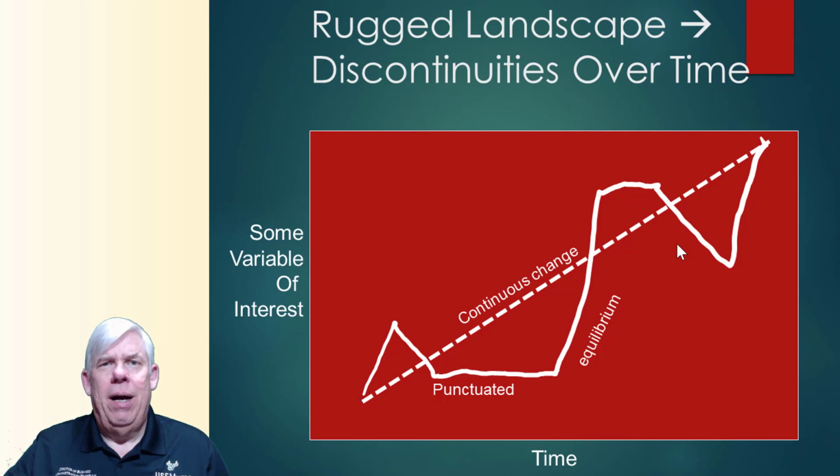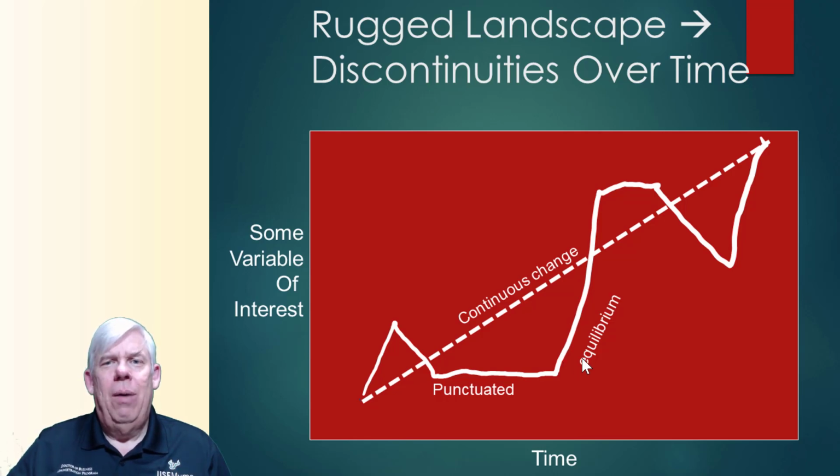Essentially, processes will proceed in an orderly manner for a certain period and then suddenly change to another type of behavior, and you can't really predict when these changes will occur.